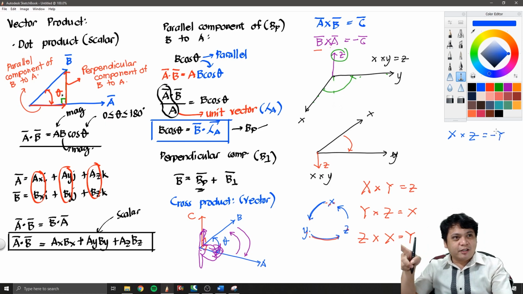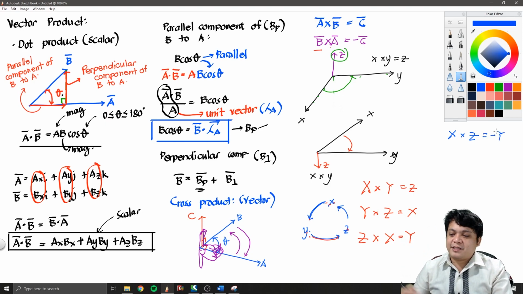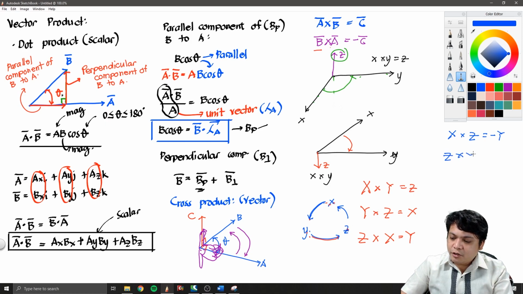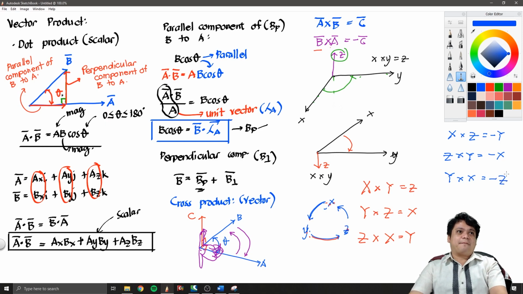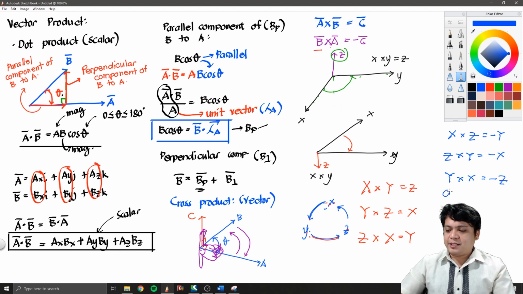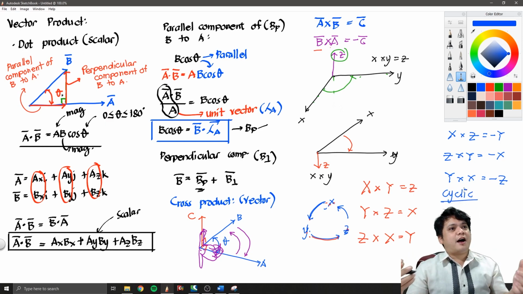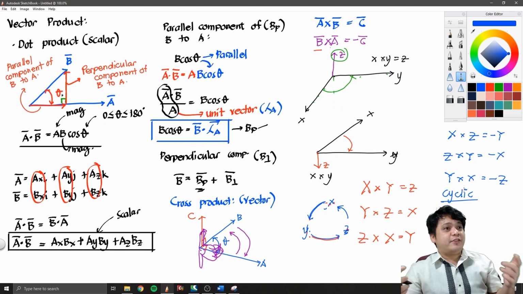Kapag pag ganun ang ikot, so we will be having there as negative. Okay? So, Z cross Y equals to negative X, or Y cross X equals to negative Z. Okay? Ang tawag natin dito is cyclic relation. Okay? So, our vector should always follow the cyclic.